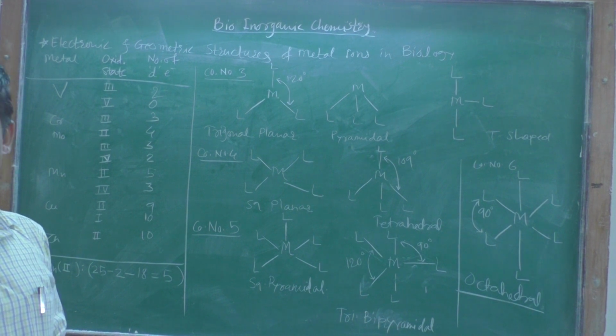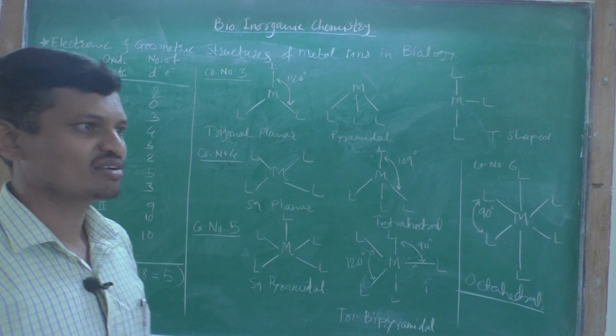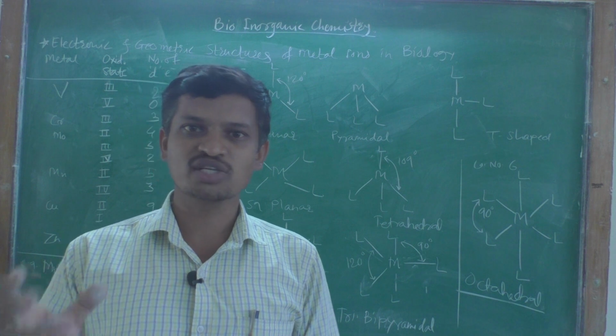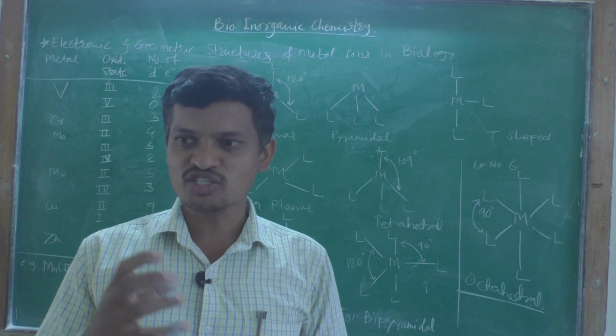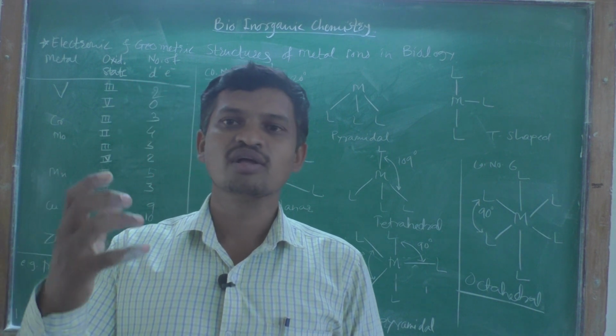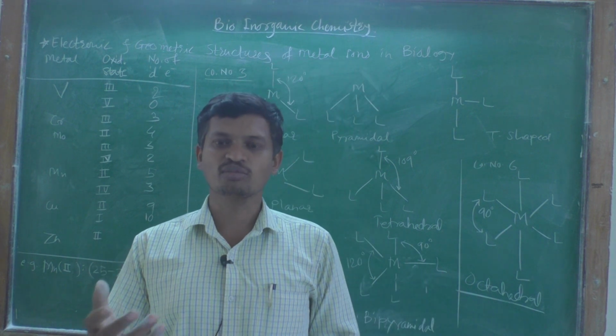Now, how can it be concluded, in a specific metal cation, when it is present in a biological system, when it is present in a specific protein, what is the geometry of that metal cation? What is the d-electron count of that metal cation?